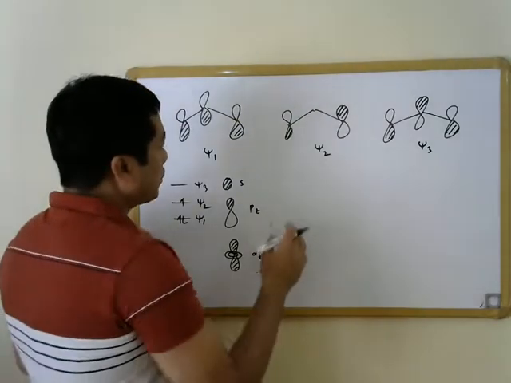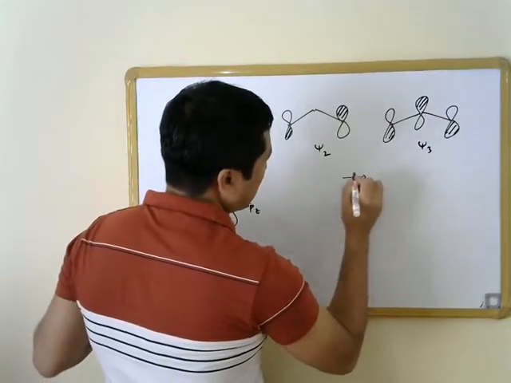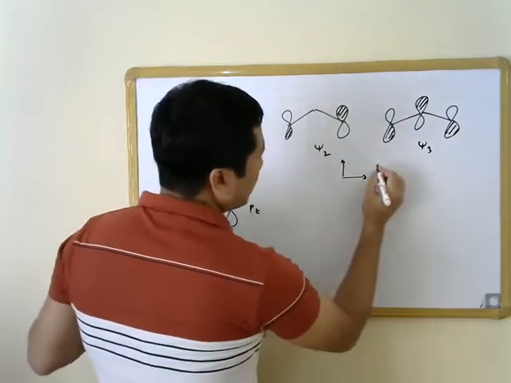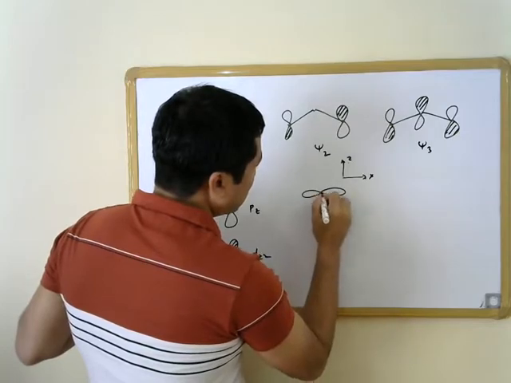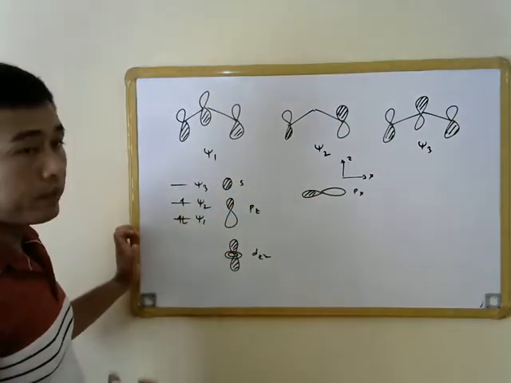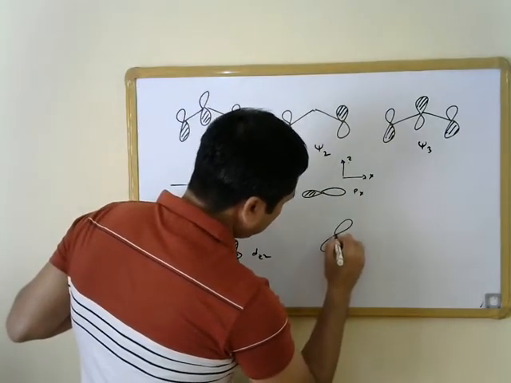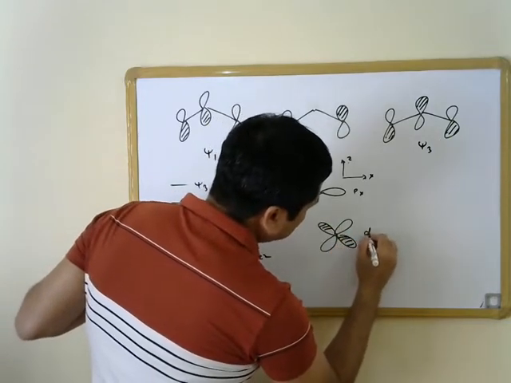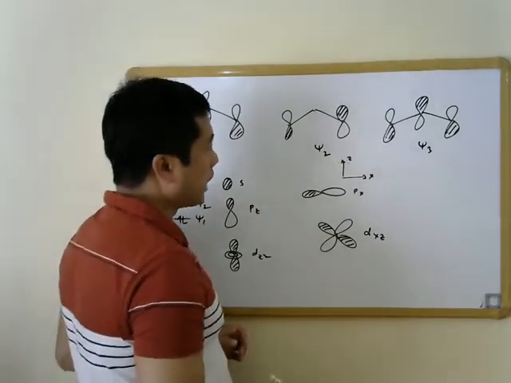Then for the psi2 molecular orbital, if we assume that the x-axis lies on the plane of the board and the y axis also lies on the plane of the board, then we can figure out easily that the px atomic orbital on the metal will be able to interact with psi2, as well as the xz atomic orbital of the metal, which will have the right symmetry to interact with the psi2 molecular orbital of the allyl ligand.